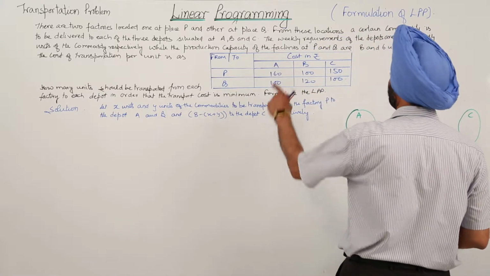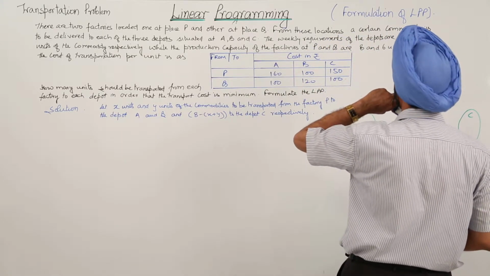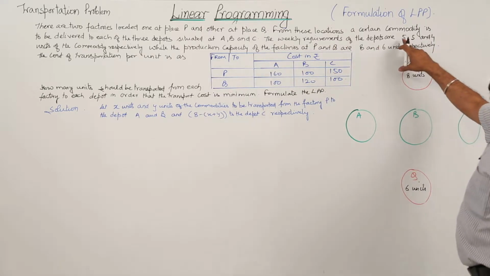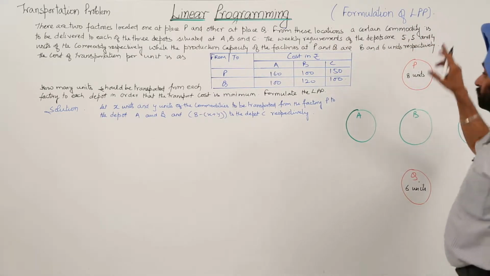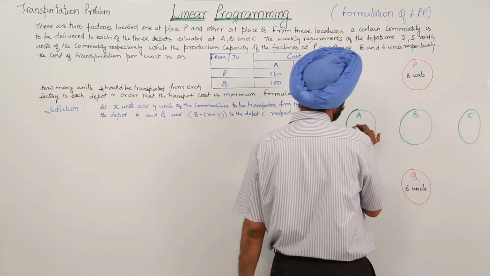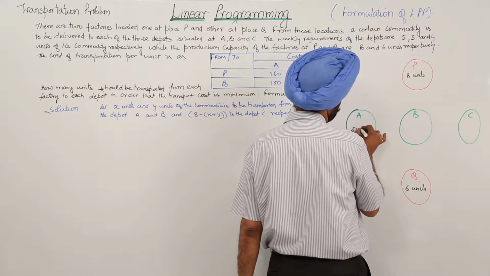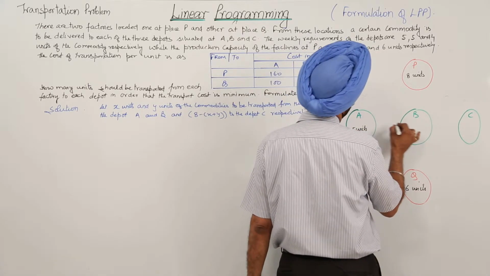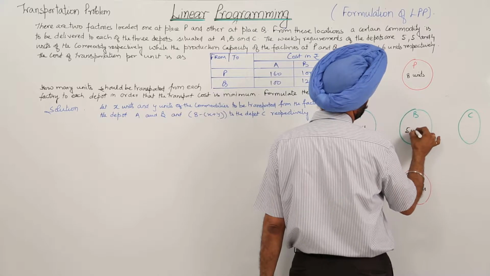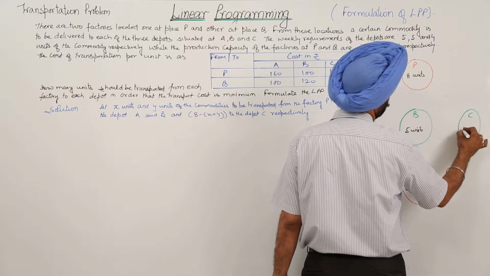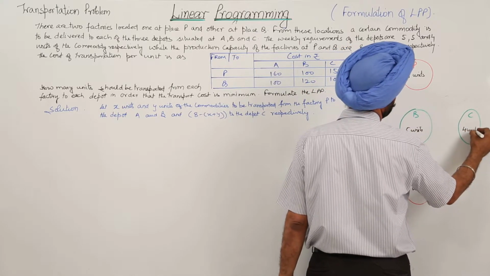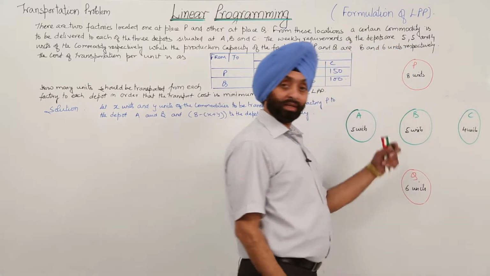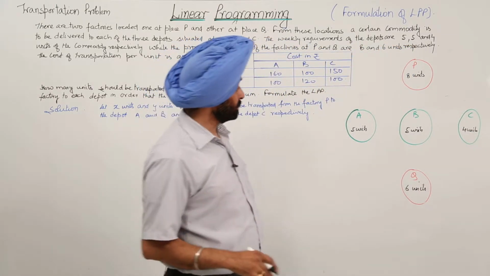For A, B and C we have 5, 5 and 4 units of the commodity. If you make it like this, it becomes a very nice question.